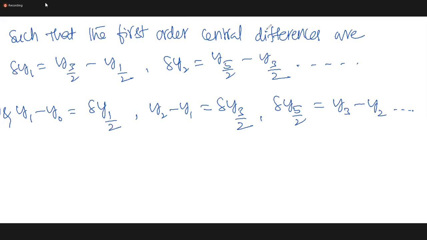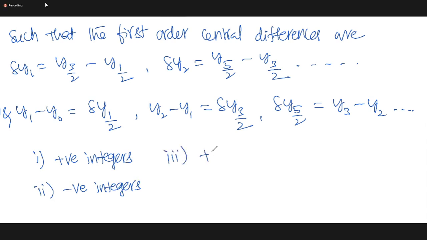So in central differences, the suffixes are natural numbers and rational numbers also. First, positive integers, which means natural numbers. Second, sometimes we get negative integers. Third, positive rational numbers.